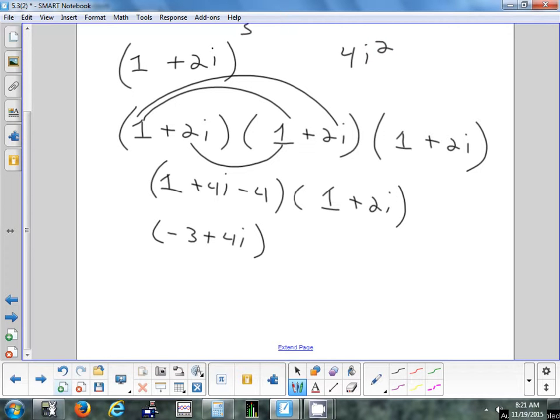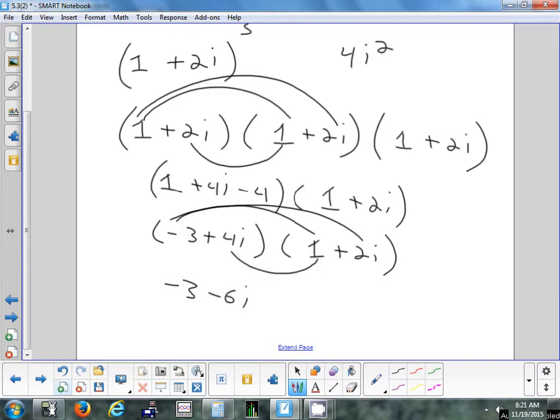Now we got to do it again, because we're cubing it. So we FOIL it out again. Negative 3 times 1. Negative 3 times 2 is negative 6. 1 times 4 is positive 4. And we get 4 times 2 is 8. What's i times i? i squared.